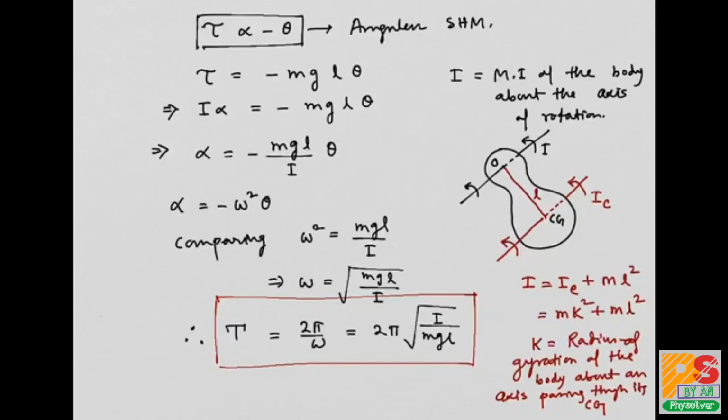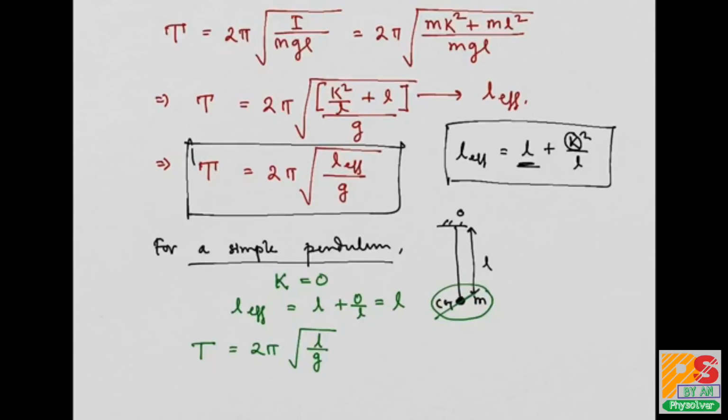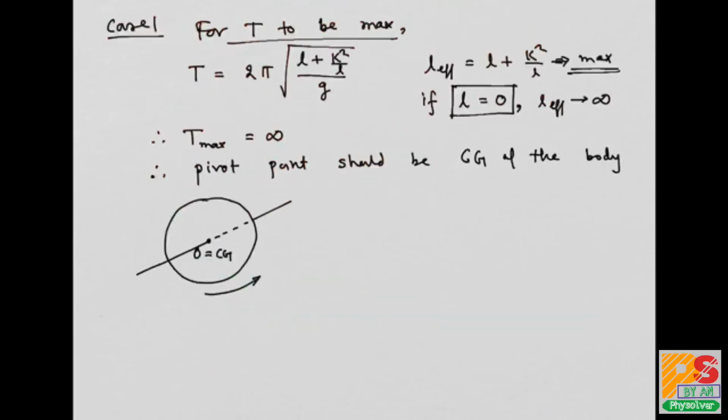Where I is the moment of inertia of the body about the axis of rotation, m is the total mass, g is g, and L is the distance between the center of gravity and the point of suspension. I will ask you to use this here, and later I will also use our general formula in this question too.